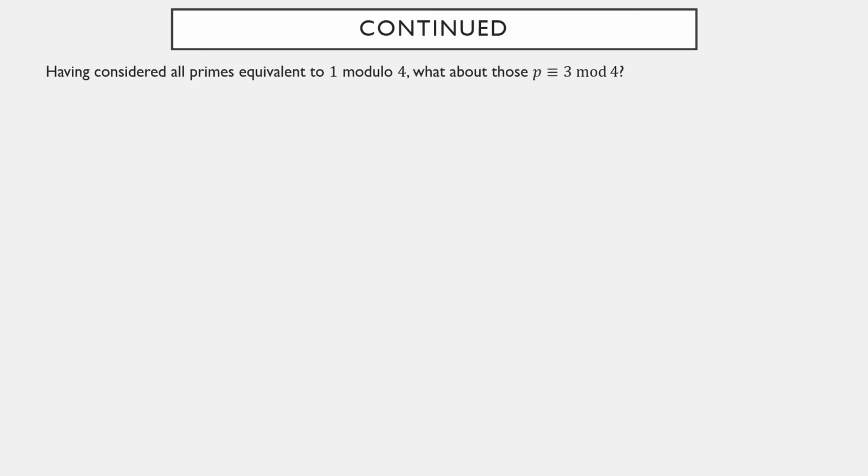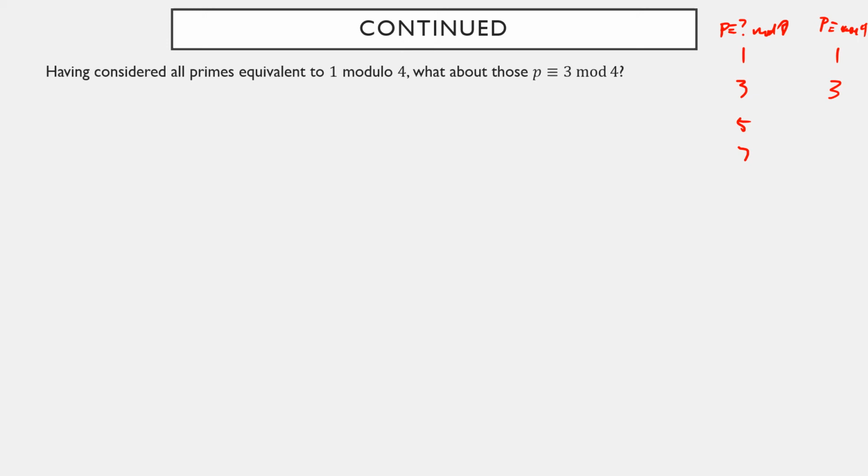Okay. What is p equivalent to mod 8? It could be 1, 3, 5, or 7. What's p equivalent to mod 4? If it's equivalent to 1 mod 8, it's equivalent to 1 mod 4. If it's equivalent to 3 mod 8, it's equivalent to 3 mod 4.